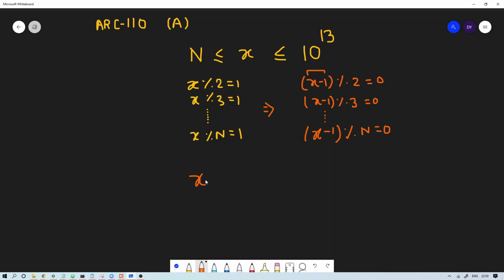So we can say that x minus 1 is equal to a number which is divisible by 2, 3 till n.